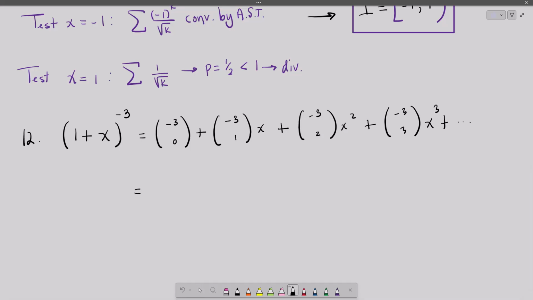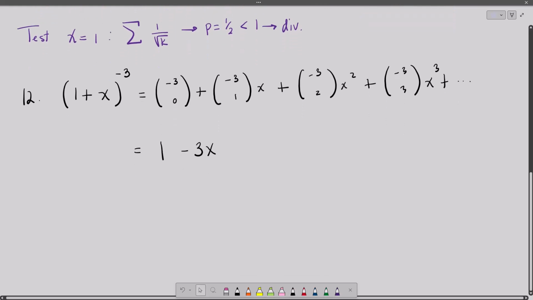Okay, -3 choose 0, when you choose 0, it's always equal to 1. So this will be 1. -3 choose 1. Whenever you have p choose 1, you always end up with p. So the first two terms should be pretty automatic. And now we've got some work over here. -3 choose 2.